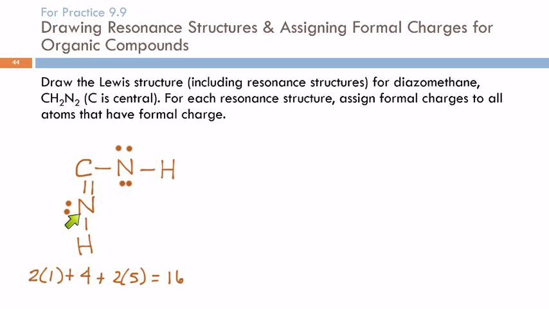Now this nitrogen's happy, right? 1, 2, 3, 4. 2, 4, 6, 8. This one's happy, the hydrogens are happy. Hydrogen is so easy to satisfy. One bond, it's good. Carbon's not happy, but now we can take that lone pair and make it a double bond.